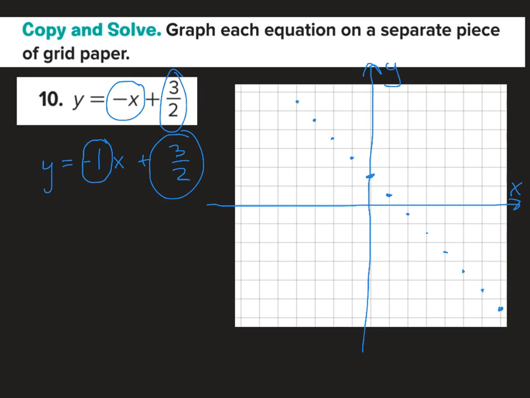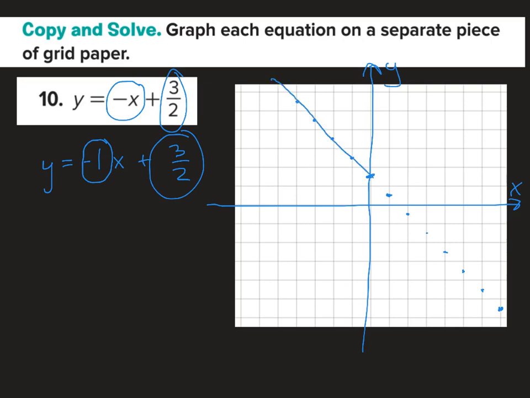The reason I went down is because I think down is a negative direction, and I can't go two negatives because that'll equal a positive. So if I go down, I have to go positive to the right to make it a negative line. So that's why I did it that way.